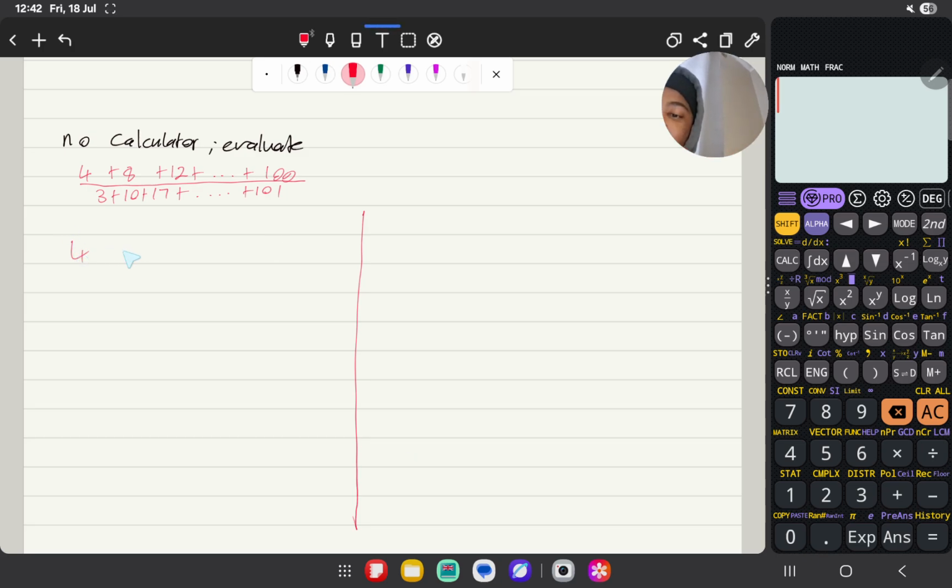The first one is 4, 8, 12, and it goes on up until 100. The second one is 3, 10, 17, and it goes on up until 101. So this is the numerator, this is the denominator, and we're going to work on them.